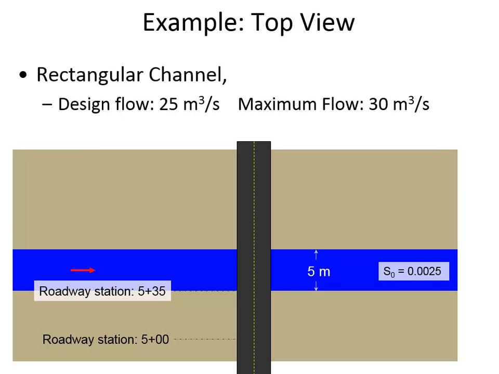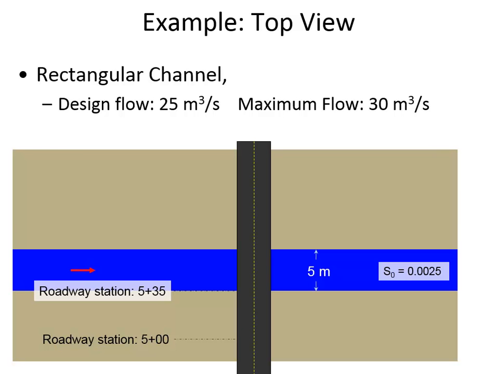Maybe this was a certain part put in by a contractor. They had to begin paving at 5 plus 00, and here at 5 plus 35 is where we actually begin the crossing. So the roadway station at the end of where the stream and the road are on top of each other is 5 plus 40.